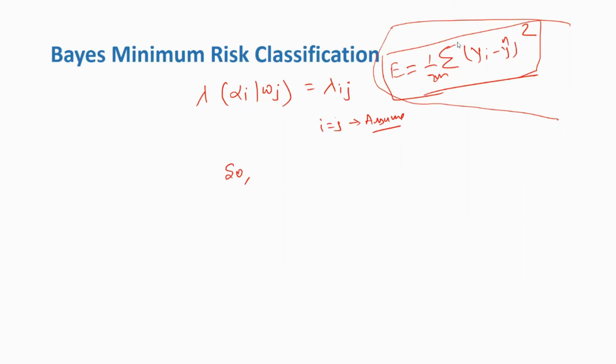All these parameters are responsible for making either more error or less error. Based on that, your error will be decided. Based on all these things, your classification or regression will happen. There are only two possibilities: correct classification or misclassification.